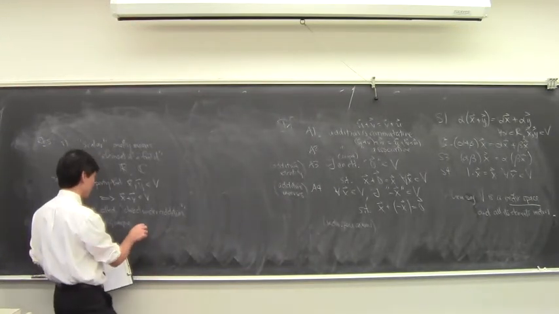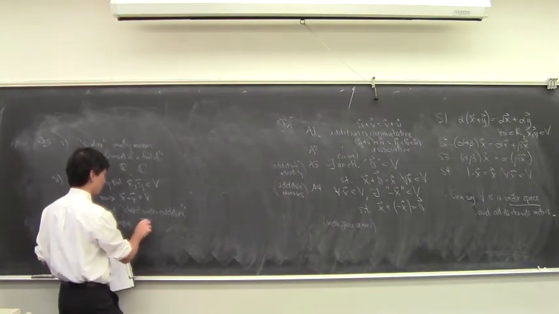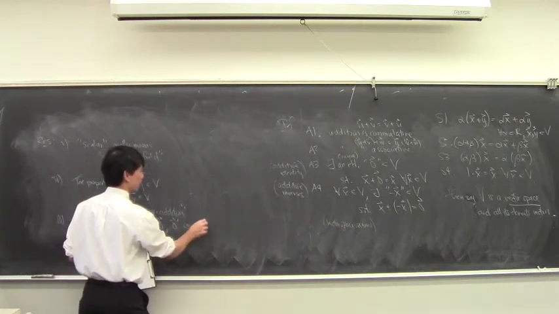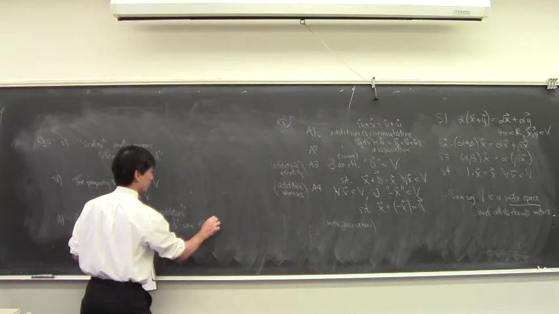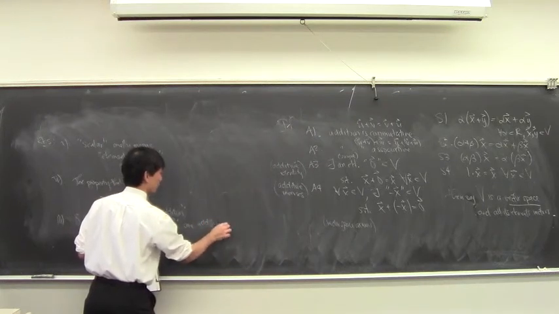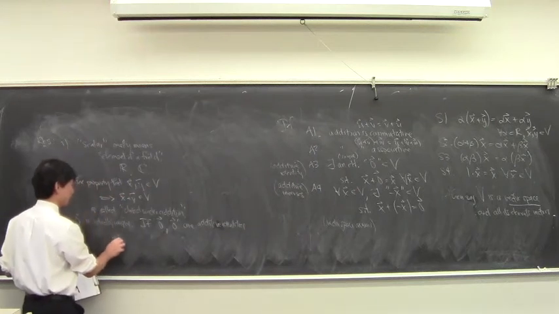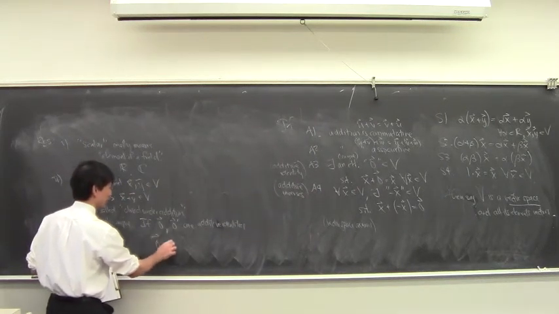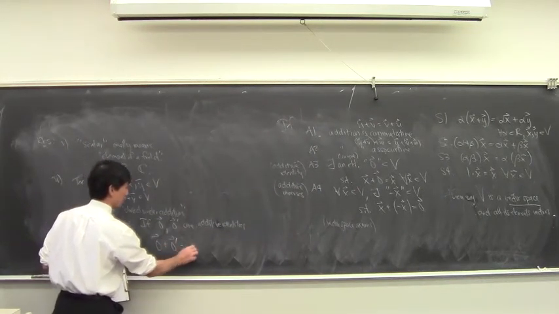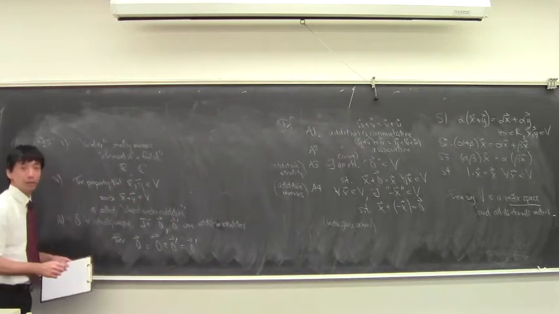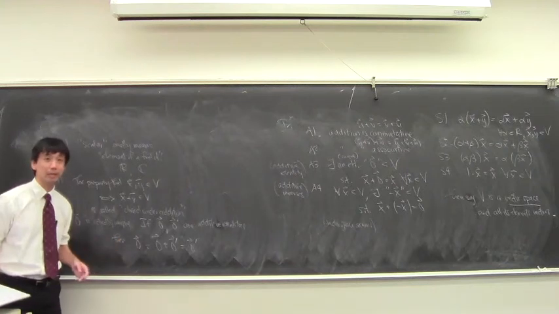If both 0 and 0 prime are additive identities, then what you see is that 0 plus 0 prime is 0 prime, and 0 plus 0 prime is also 0. So they'd have to be the same guy.